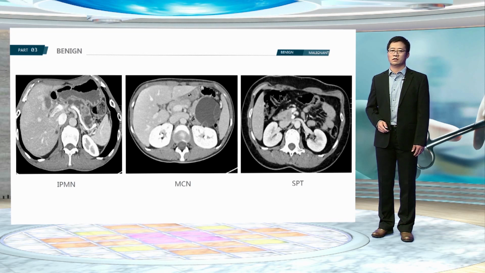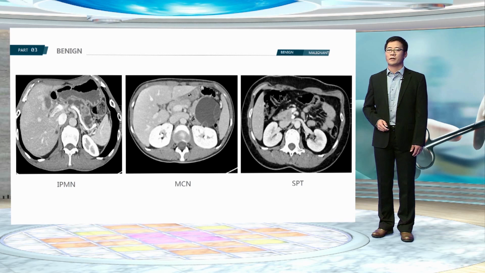Benign tumors include IPMN, intraductal papillary mucinous neoplasms. We can see the dilation of the main pancreatic duct. The second is mucinous cystic neoplasms.